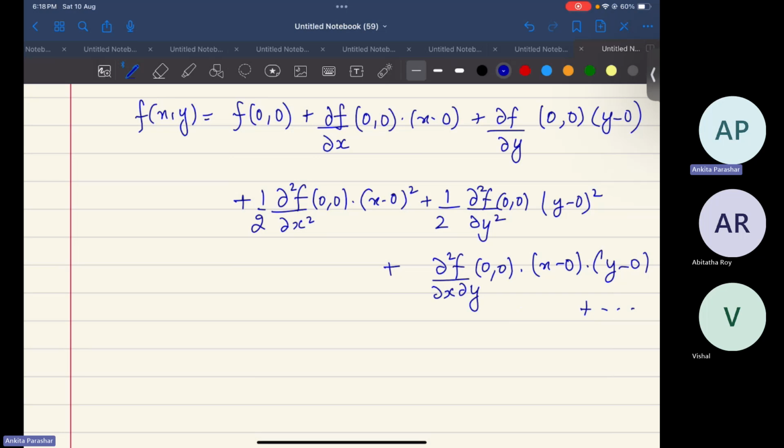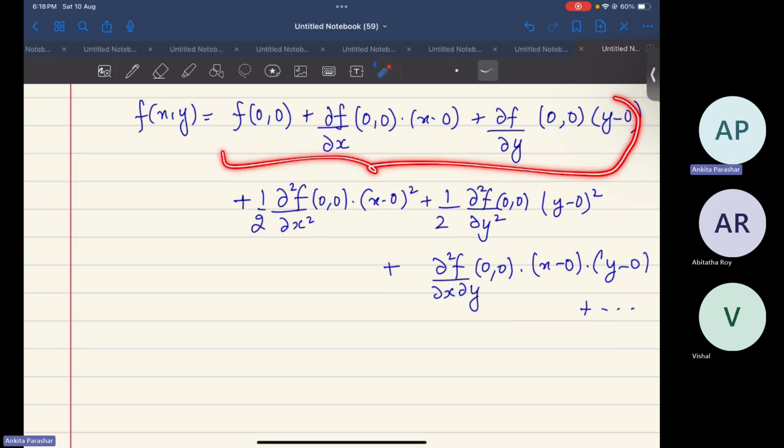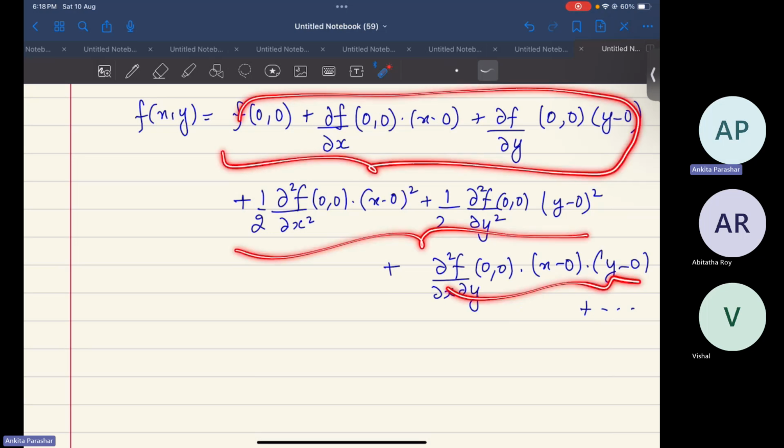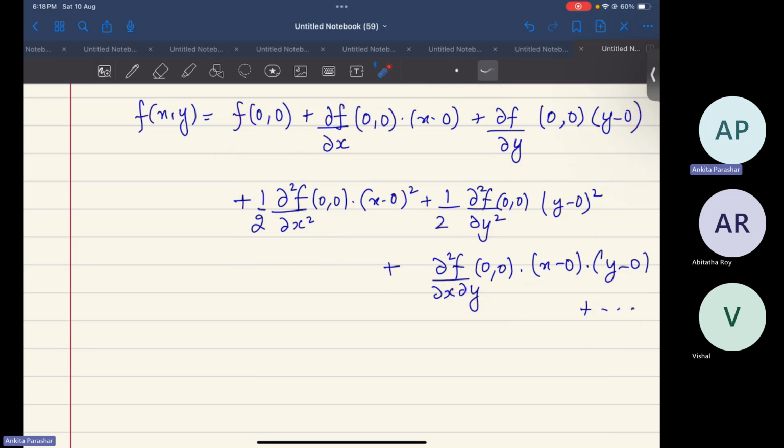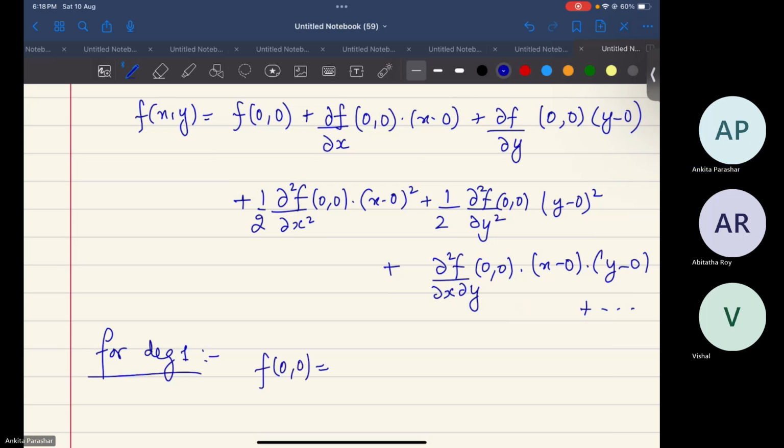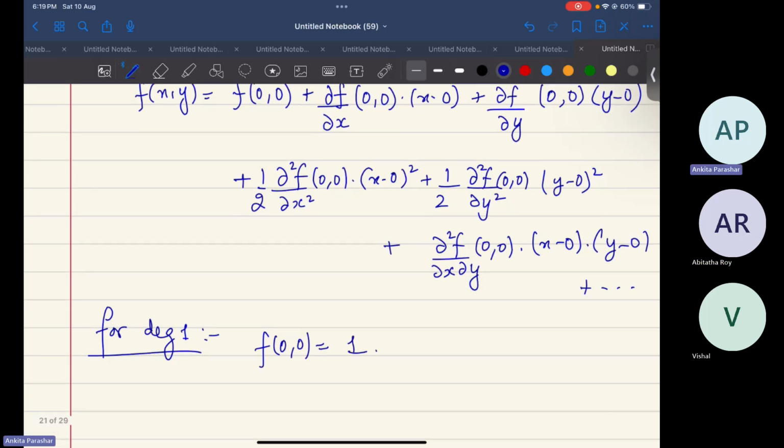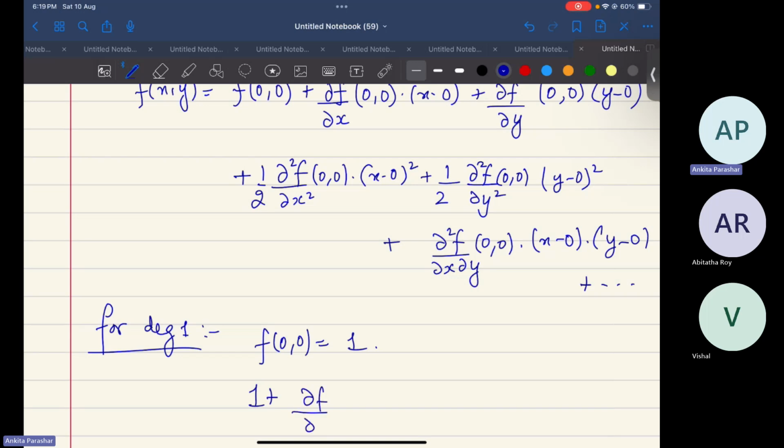So if you carefully see, degree 1 is this one which is contributing, and this is degree 2 which is being contributed. These are higher degrees. So for degree 1, what is f(0, 0)? f(0, 0) is 1. So 1 plus, what is del f by del x at (0, 0)?